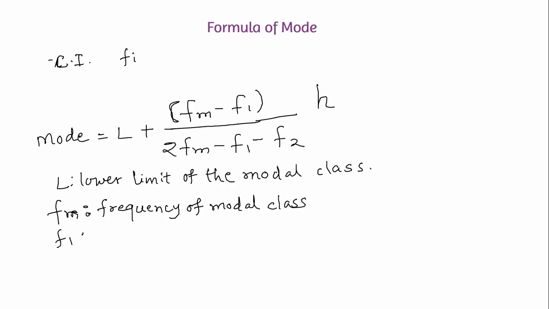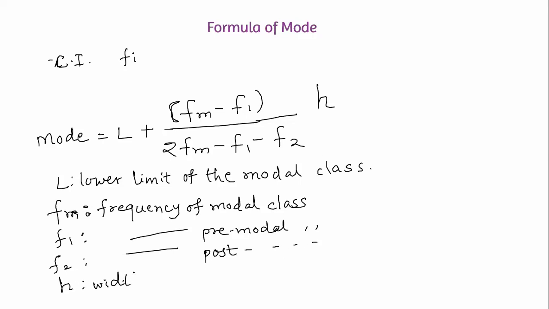F1 is the frequency of the pre-modal class, F2 is the frequency of the post-modal class, and H is the width of the modal class. So this is the formula, and let us see how to find the mode for the following data.